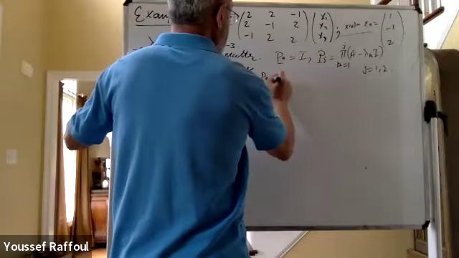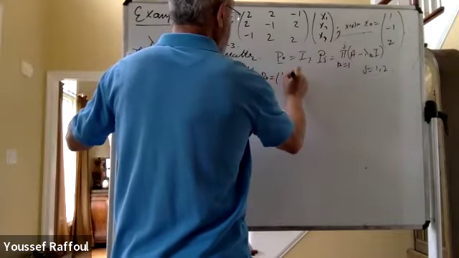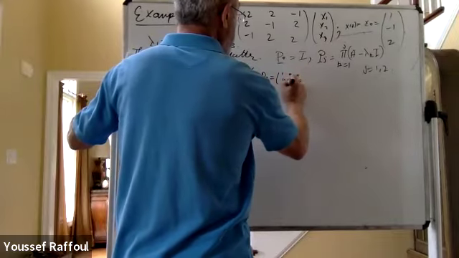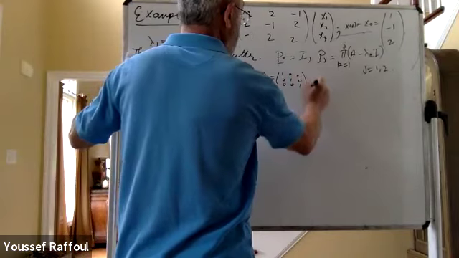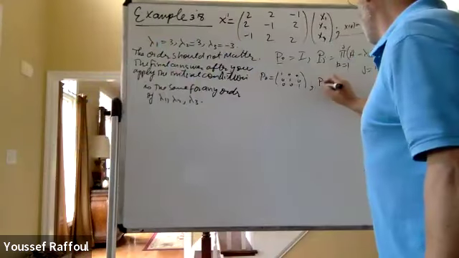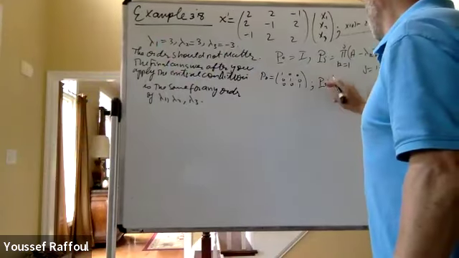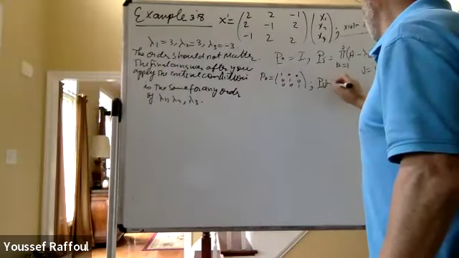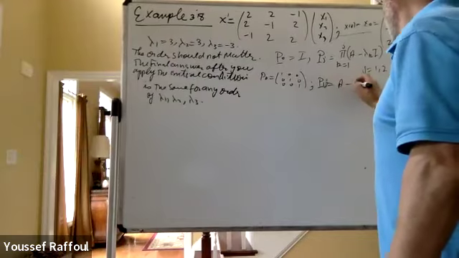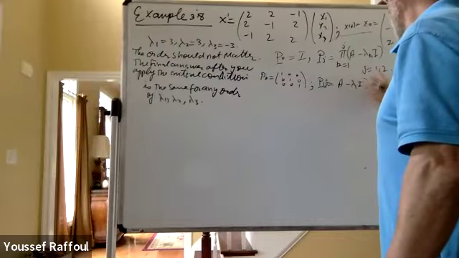So P0 is I, which is 1 0 0, 0 1 0, 0 0 1, and P1 is A minus lambda 1 I.